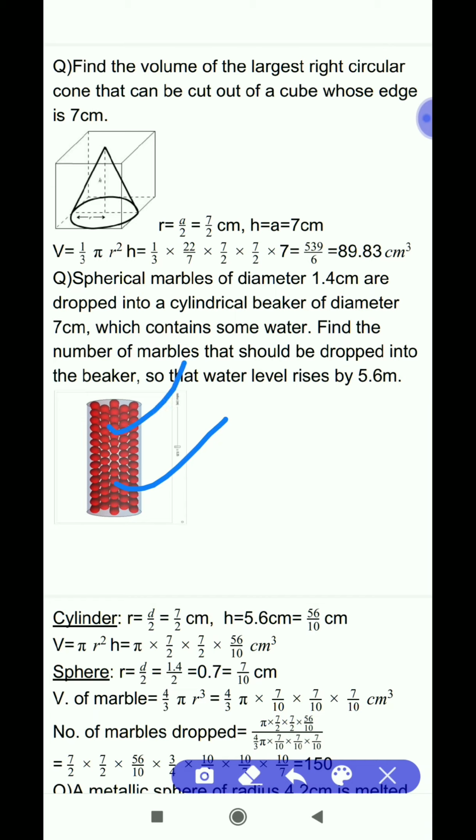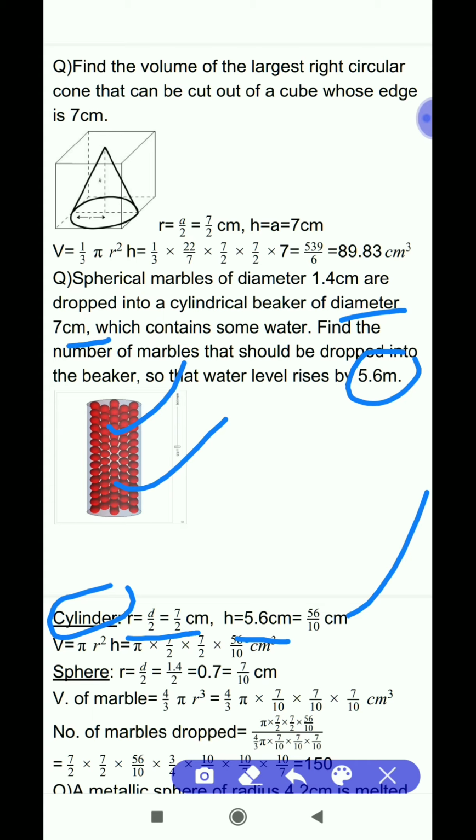Now, let us come to the cylinder. The radius is diameter by 2. The diameter is given as 7 centimeters, so the radius is 7 by 2. The height of the cylinder is 5.6 centimeters, that means 56 by 10 centimeters.